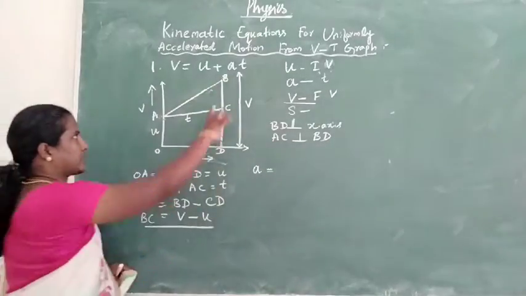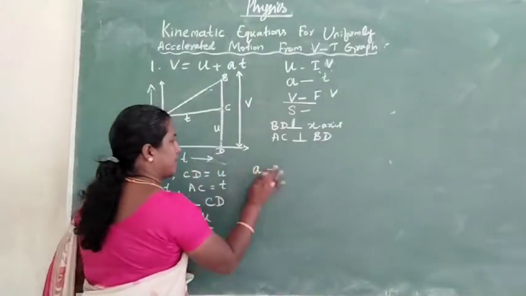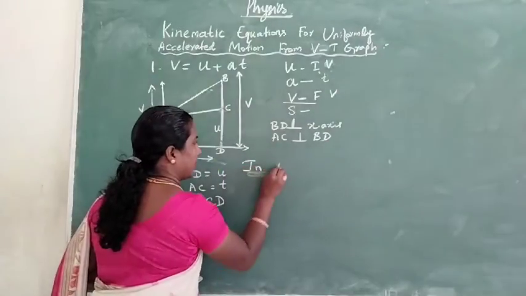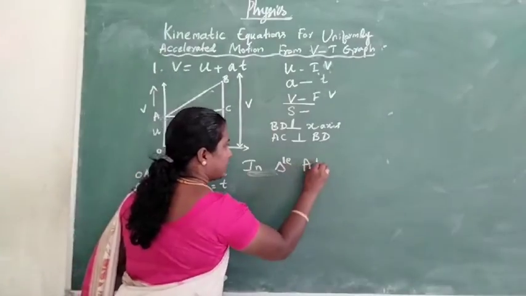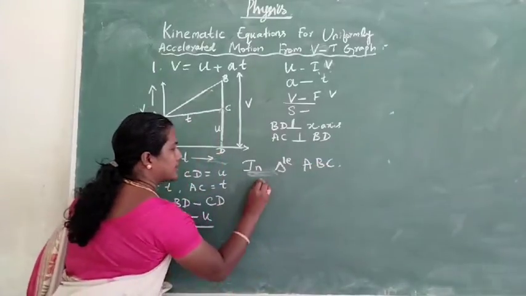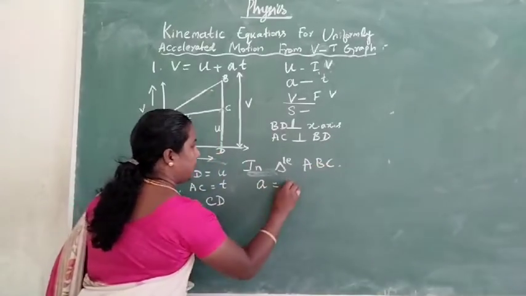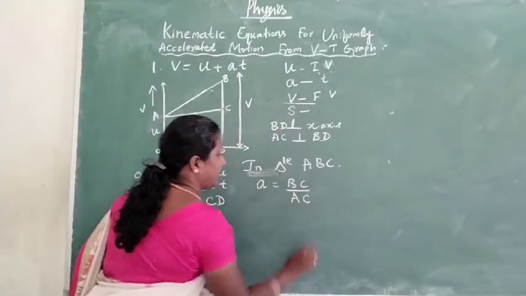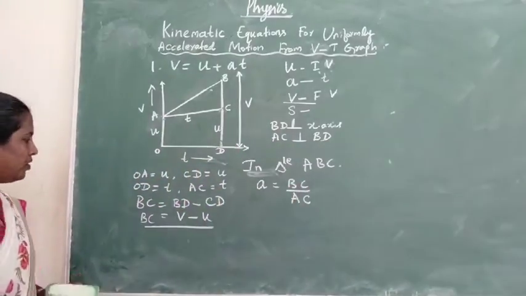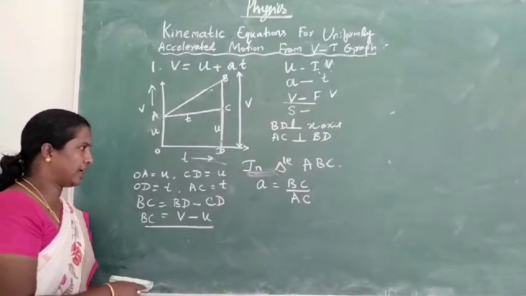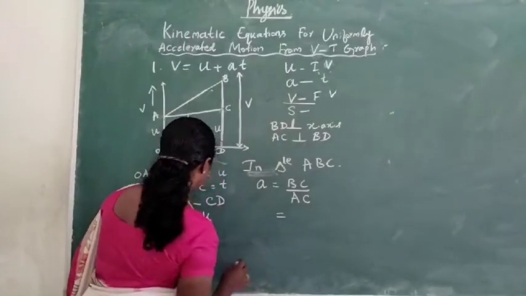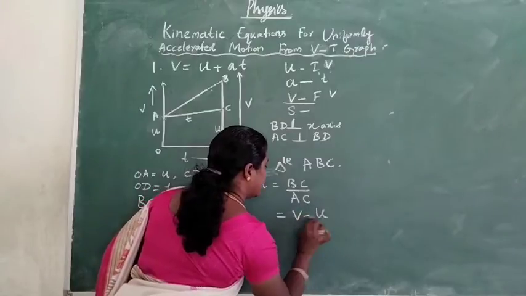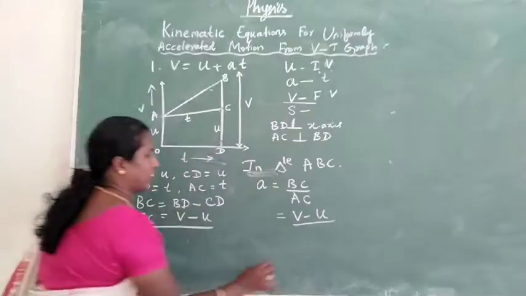In triangle ABC, acceleration A is equal to BC divided by AC. We know the values of BC and AC. Let us substitute: BC is equal to V minus U and AC is equal to T.